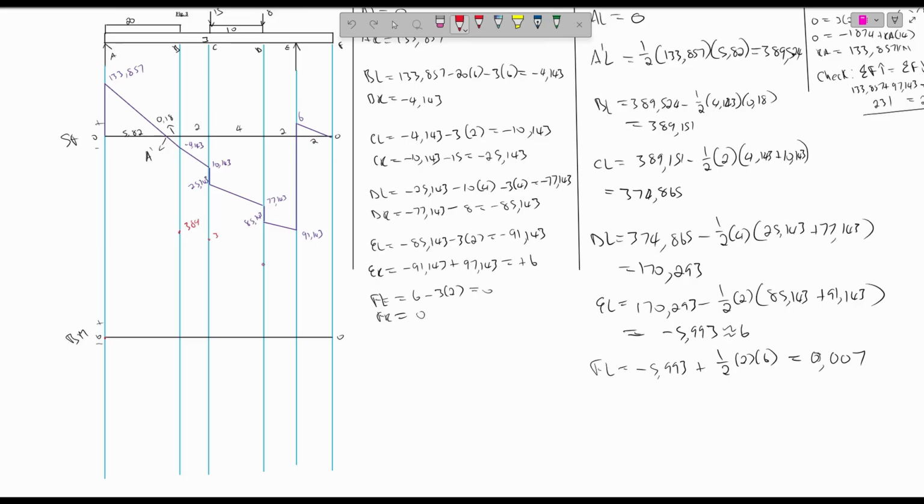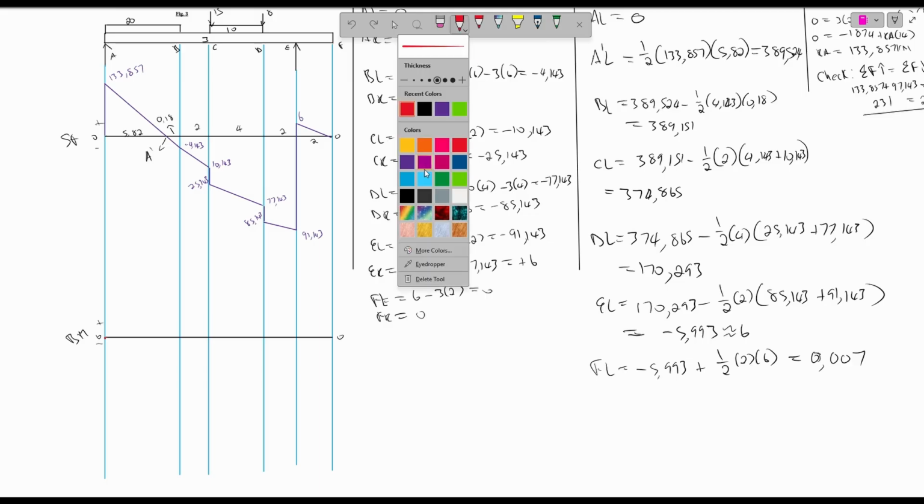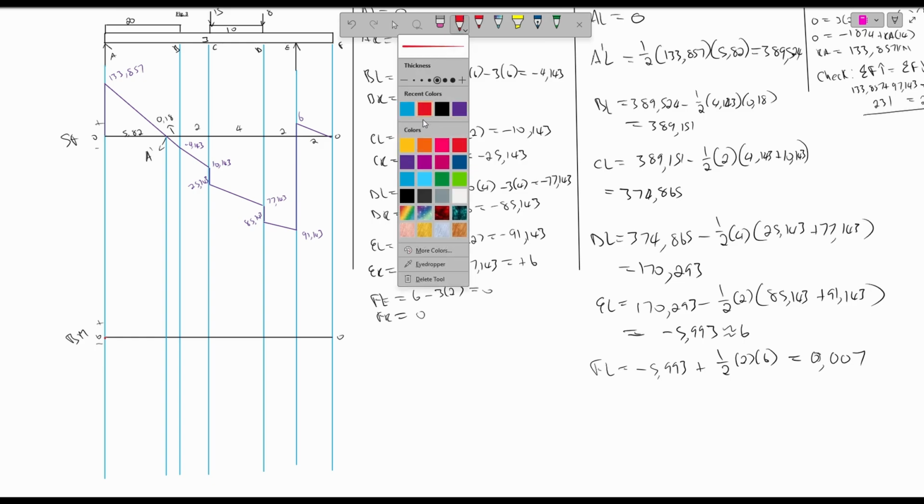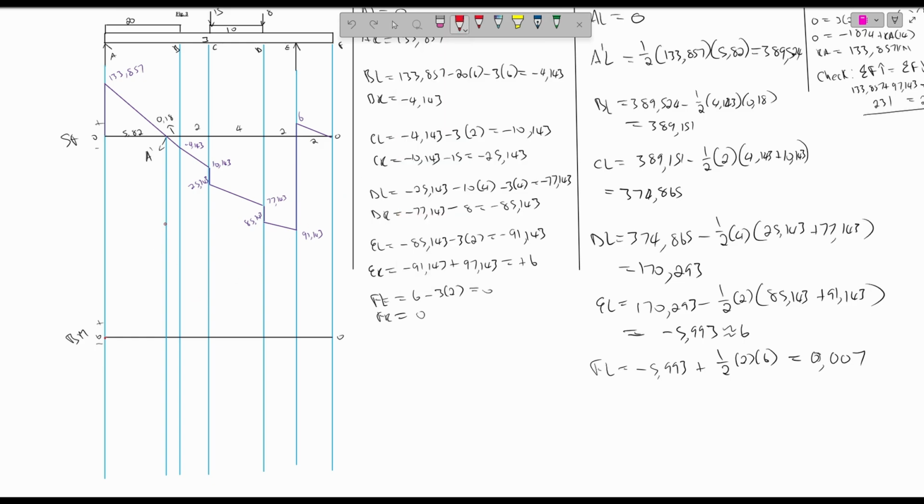Wait, I forgot to add this point. So A prime 389.5, and then B is 389.1 or 0.2 is okay.